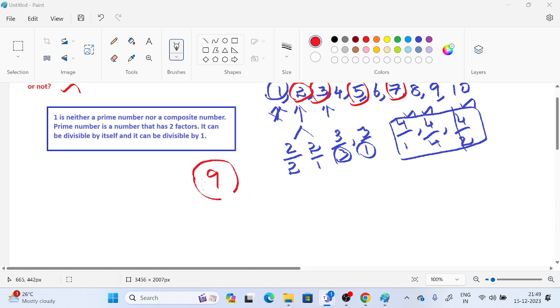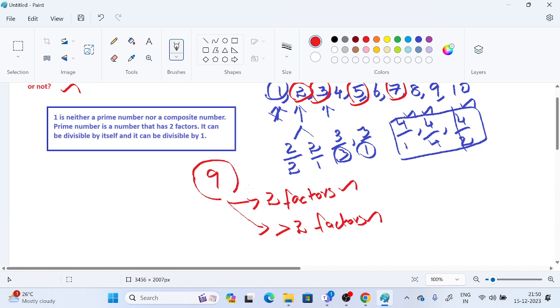I need to find if the 9 has only 2 factors. If so, it is a prime number. If it has more than two factors, it is not a prime number, right? So I need to write a program such that if it gives me two factors, then it is going to be prime. If not, it is not going to be a prime number. So how do I write this problem?